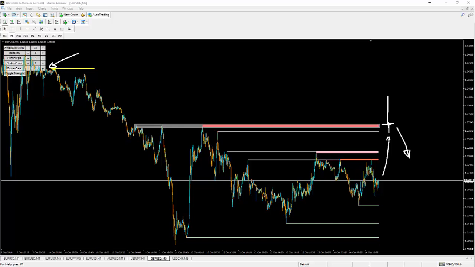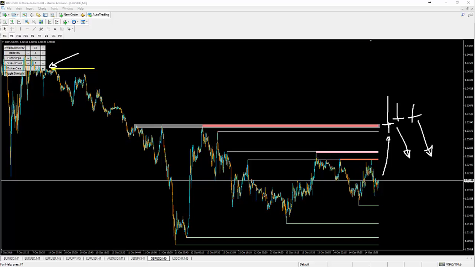Correct? So in this case, the best thing to do is to keep a broken count of maybe 2 or 3. That will mean that if a doji is formed here, 1 bar, 2 bars, 3 bars, it still shows that price is testing resistance at this level before it makes a push down from there. That allows us to catch the trade.